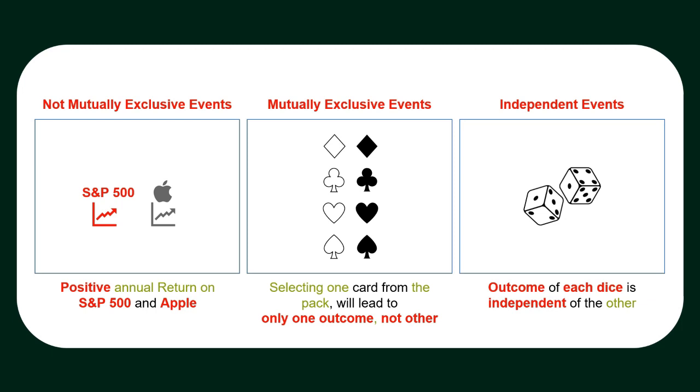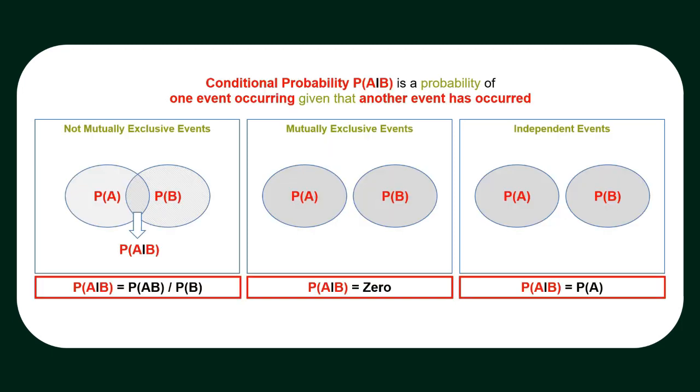After discussing type of events, now let's discuss conditional probability. Conditional probability, represented by P(A|B), is a probability of one event A occurring given that another event B has occurred.